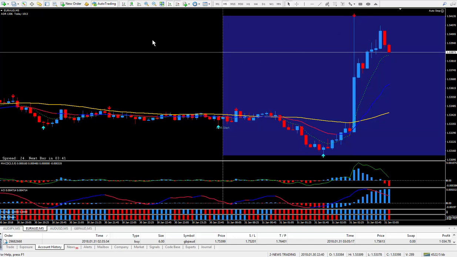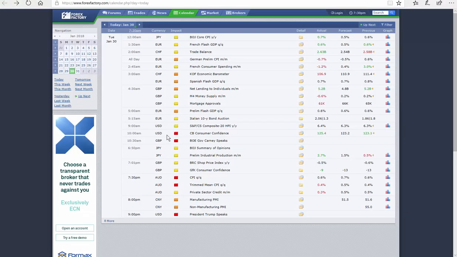So for you guys and girls who like to trade the news, Pip Trigger works fantastic. And just trade the high impact news. That's what I trade. The high impact. At 9 o'clock we got Trump speaking. And this may move it. It just depends on what he says.